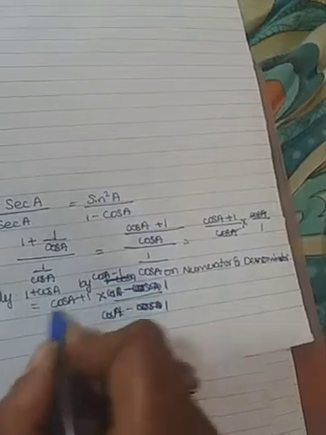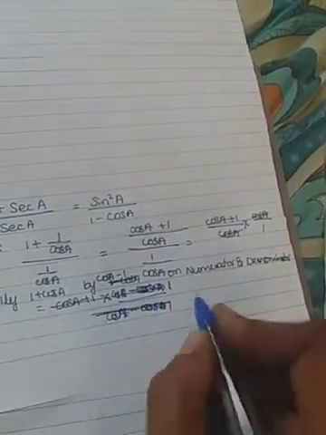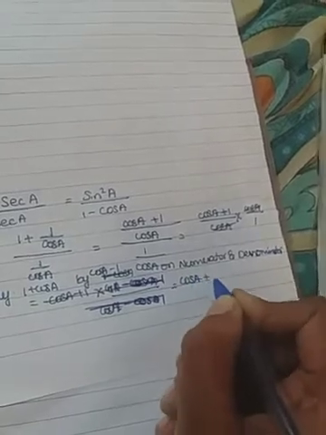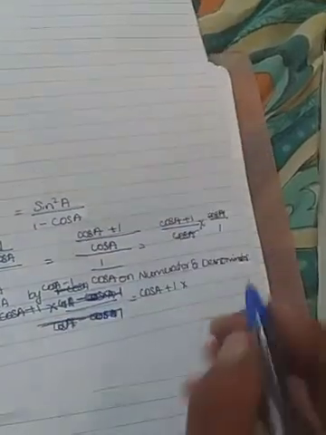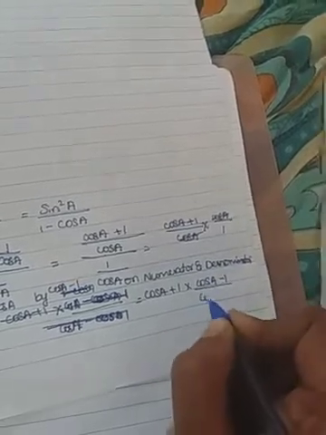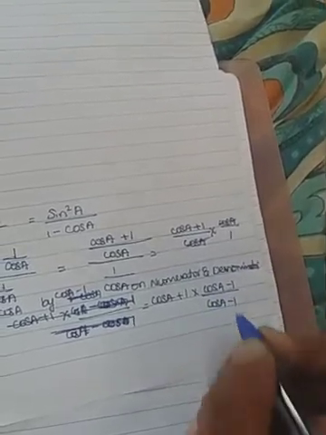If you do it like that, I'll write one more step, otherwise you will get confused. Multiply cos a plus 1 by cos a minus 1 on both the numerator and denominator. The value never changes.